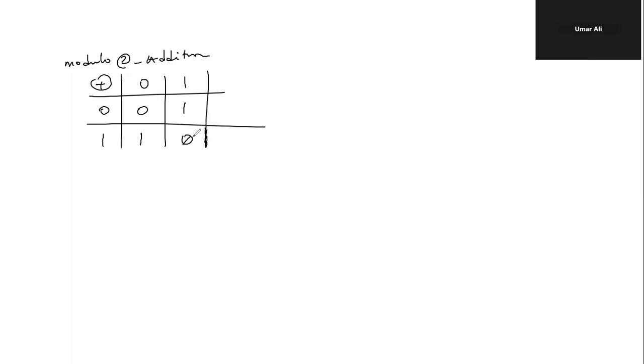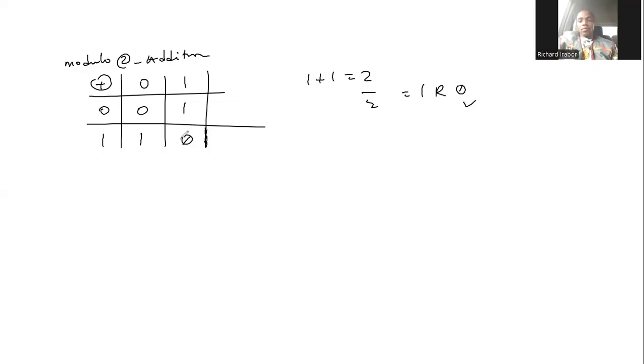How did you get the 0? Because 1 plus 1 is 2, and 2 divided by 2 is 1 remainder 0. So we take the remainder. Perfect. So let us do modulo 2 multiplication.